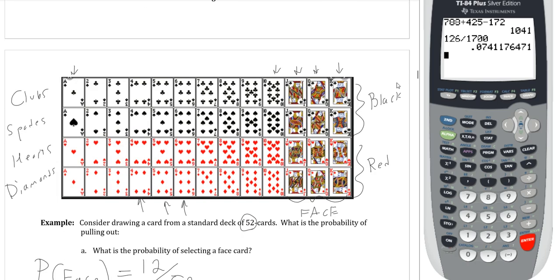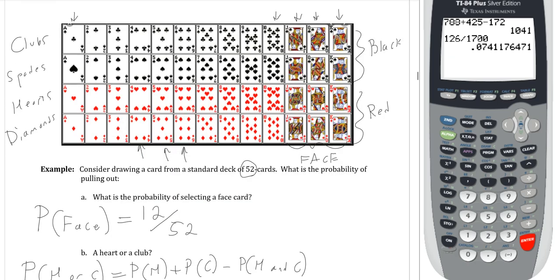Looking at my deck of cards, sorry for the scrolling. The hearts are these 13 cards here, so that's 13 out of 52. And the clubs are these 13 cards here, so that's another 13 out of 52. Then we need to consider if there were any cards that I shaded twice. And looking at how I highlighted, I don't see any cards that I shaded twice.